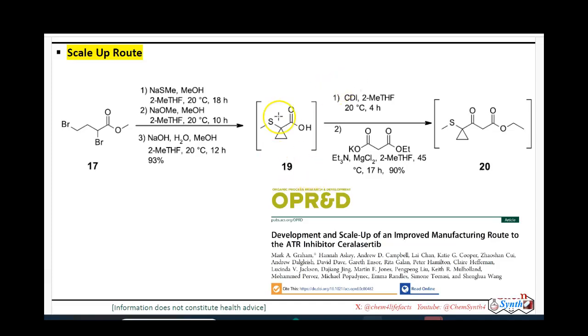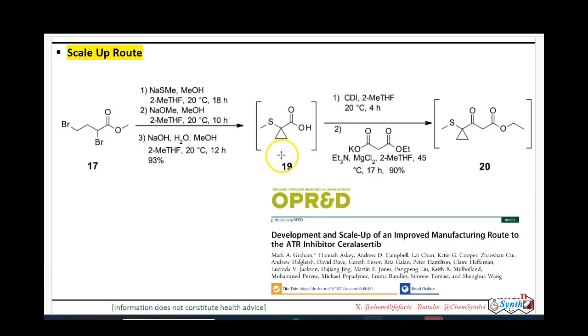Now, treatment with a base like sodium hydroxide helped the cyclization to lead to the cyclopropyl ring formation, and later the use of excess quantity of aqueous NaOH solution facilitated the saponification reaction, meaning this methyl ester to carboxylic acid.